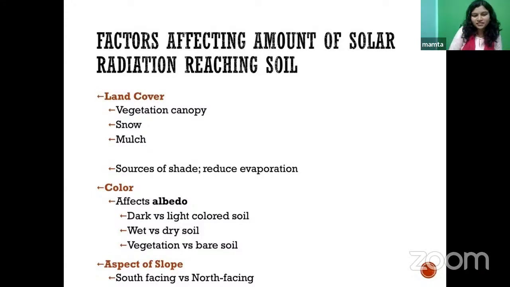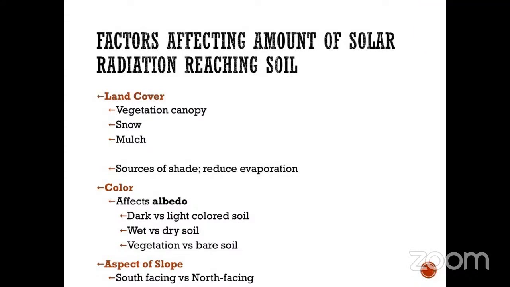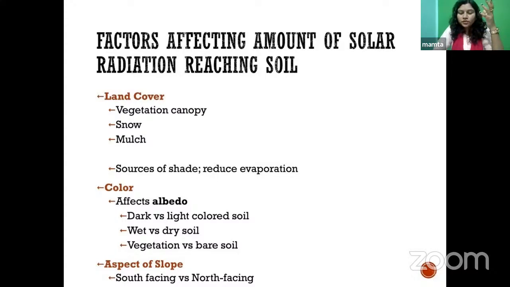No, actually it is not. Vegetation absorbs more and more radiation. In vegetation we have chlorophyll, and even water. If there is vegetation, there is water and there are different pigments, so all of it has the capacity to absorb radiation.